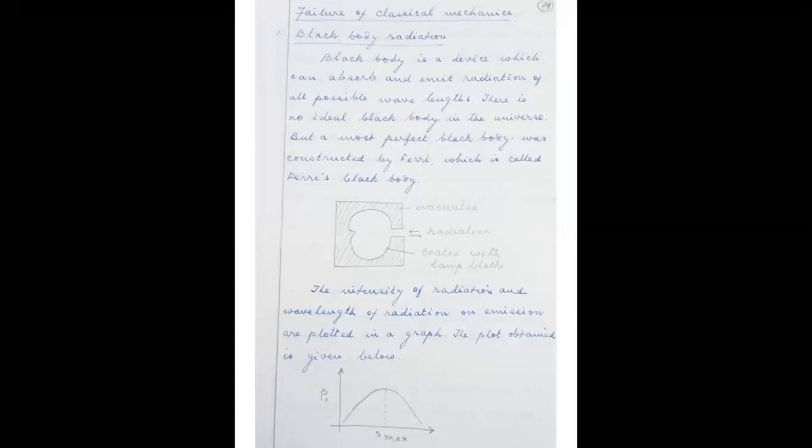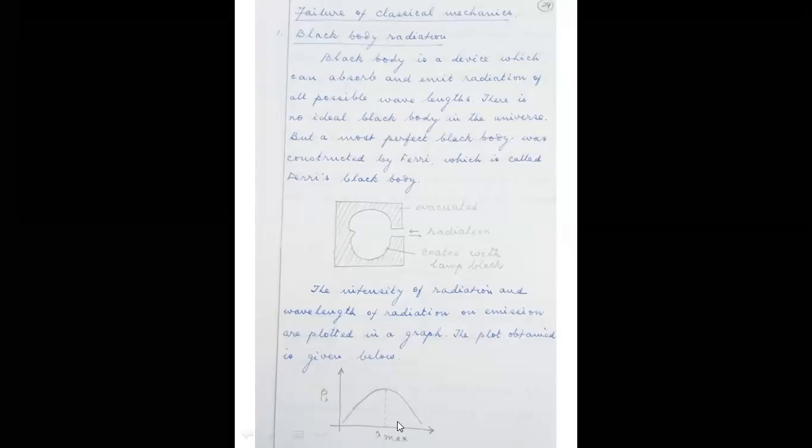But what this classical mechanics could not explain is this. Actually, the black body is emitting radiation of all wavelengths. See, from lower wavelength to higher wavelength, all wavelengths are coming out, no doubt about it.